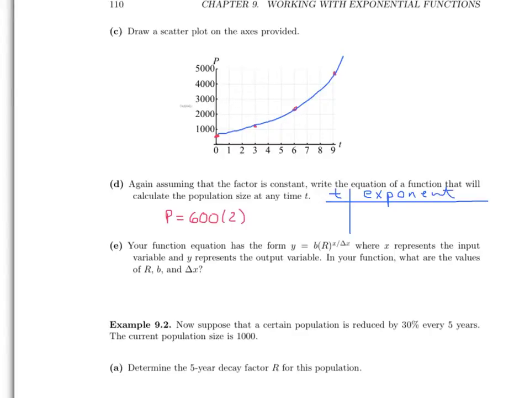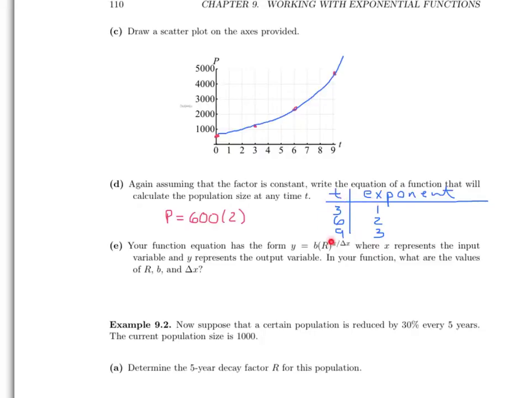If I make a table of t versus what the exponent was, when t was 3, our exponent was 1. When t was 6, our exponent was 2. When t was 9, our exponent was 3. So notice that regardless of what time we're talking about, our exponent is always 1/3 of t.